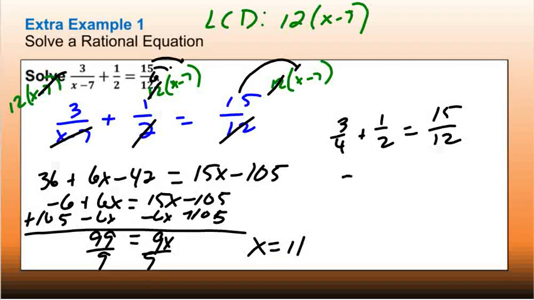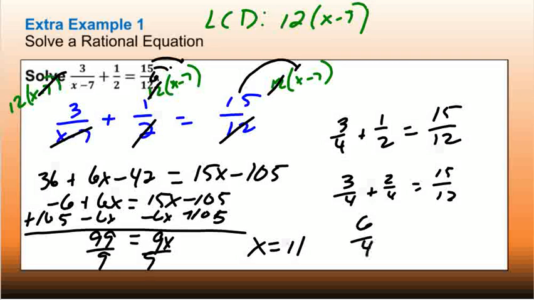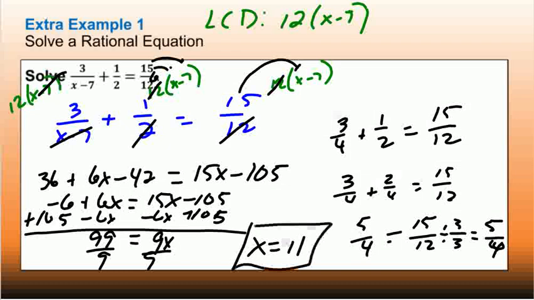This would actually be 3/4 plus 2/4 gives us 5/4. And 15/12, I can divide this by 3/3, and this will give me 5/4. So 5/4 is equal to 5/4. So 11 is my solution.